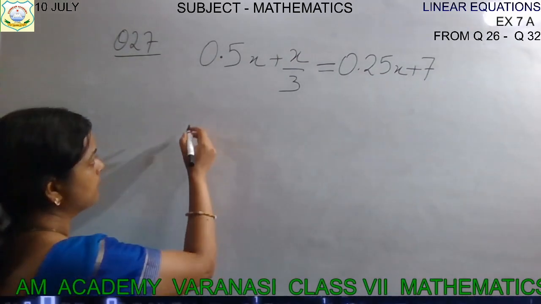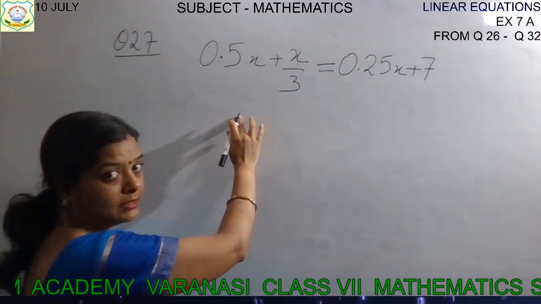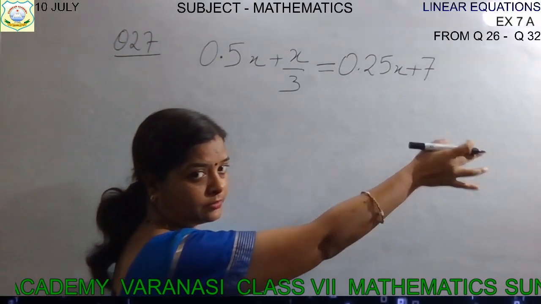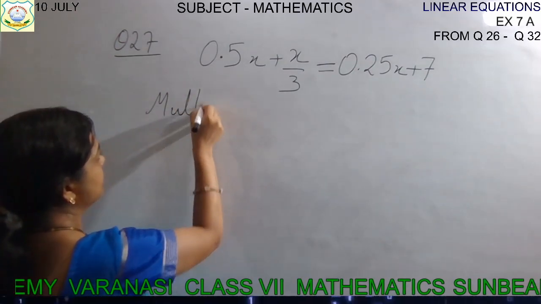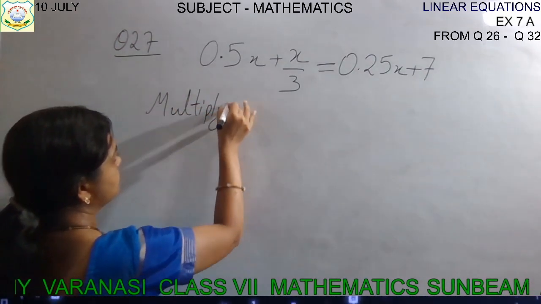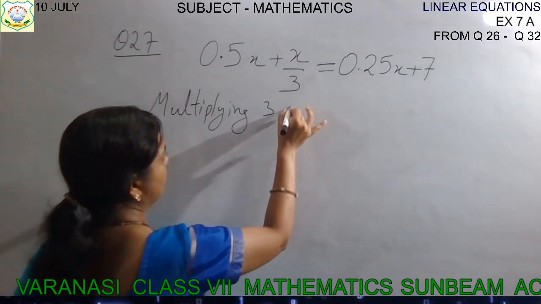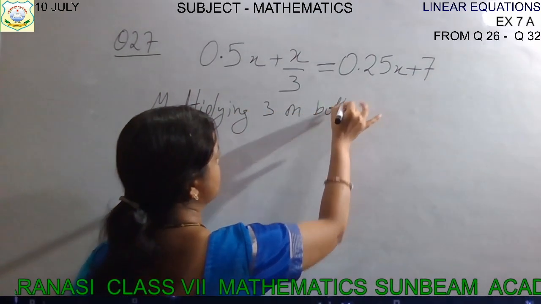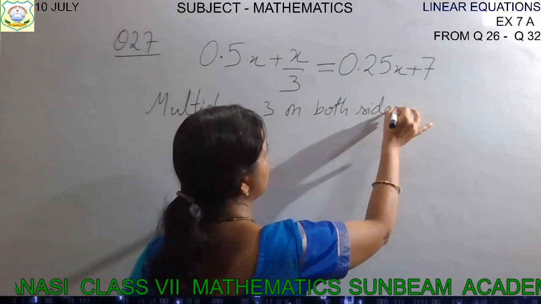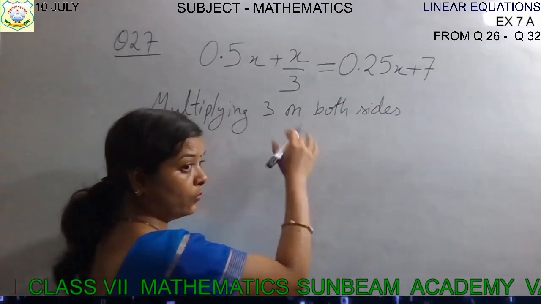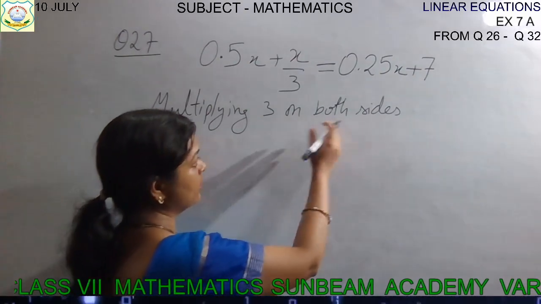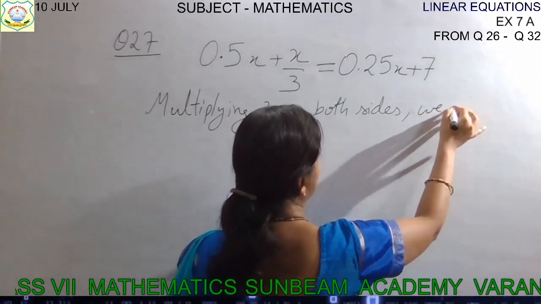So let's multiply. You can write here: multiplying 3 on both sides, we get.